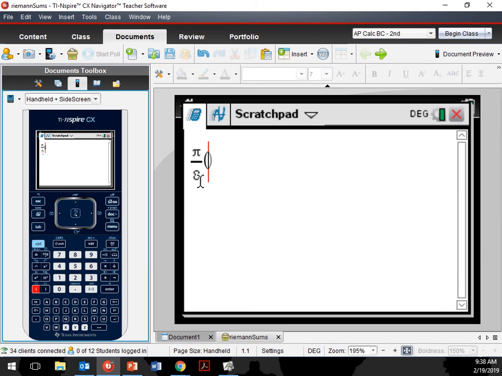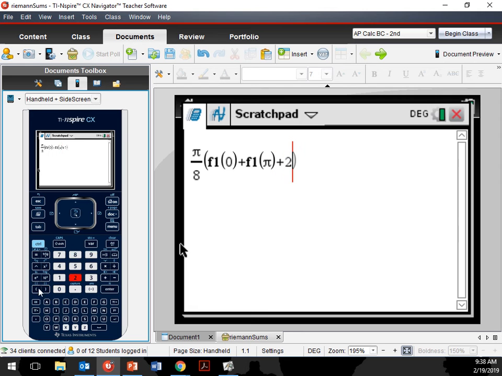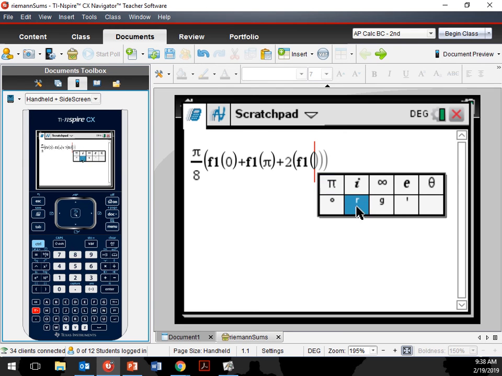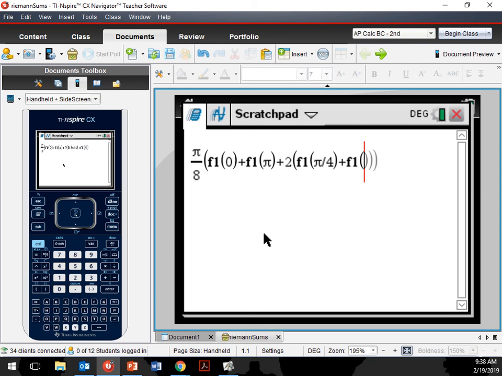Let's see, my function, which would be Vars, right? At 0, close, plus Vars at pi, close, plus 2 parentheses Vars at pi over 4, close, plus Vars, where are we at, pi over 2?